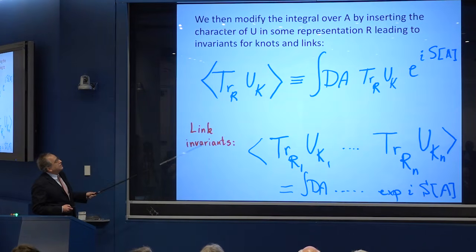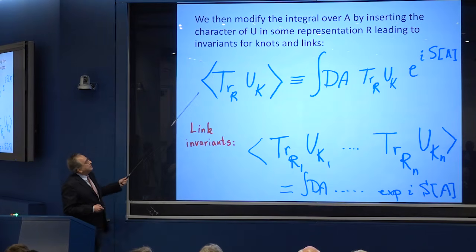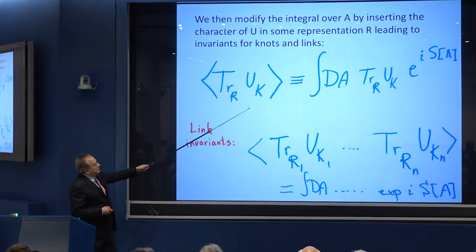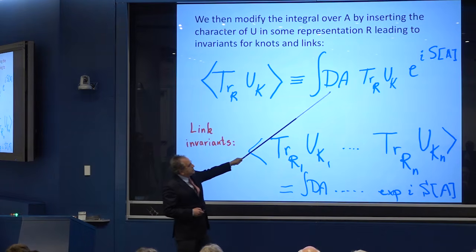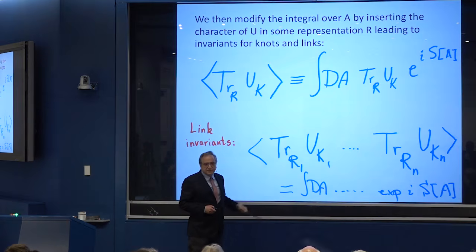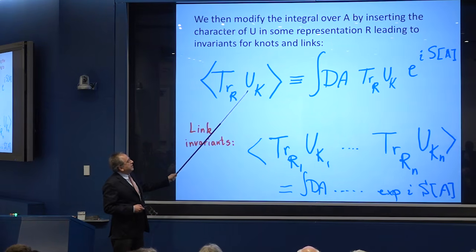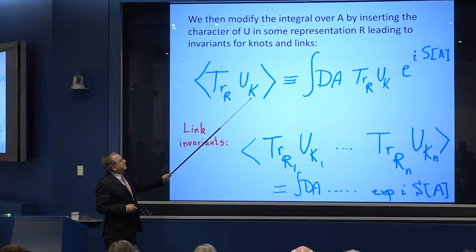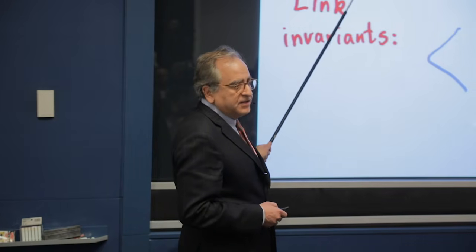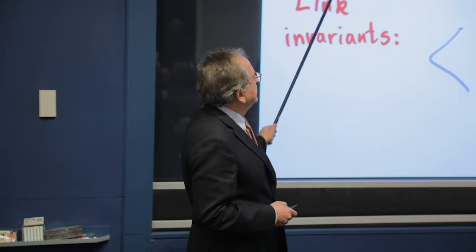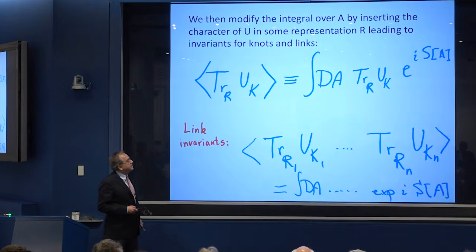And so therefore, you can define some averaging. When we were integrating over the connections, you can insert this in that integration and get an invariant, when you choose the holonomy around some particular, let's say, knot, and evaluate the character in some particular representation, which is what we call the trace in representation R of this.